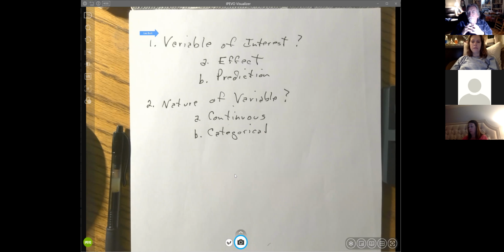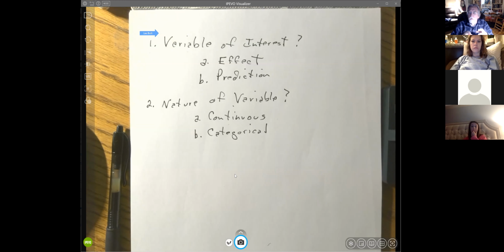And so the variable of interest, I always begin with that. Typically, if we're trying to infer any sort of causation, if it's anything like a causal question, the variable of interest is really the effect variable.